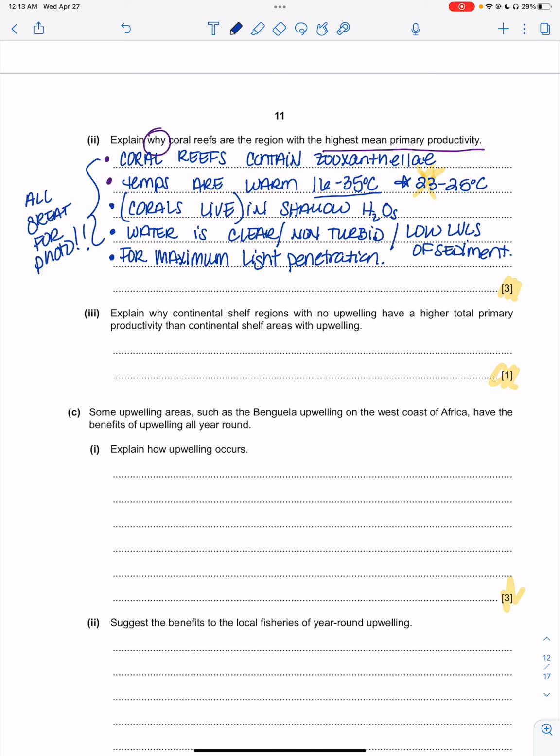Maximum light penetration, or maximum sunlight absorption. And all this causes a high rate of photosynthesis.